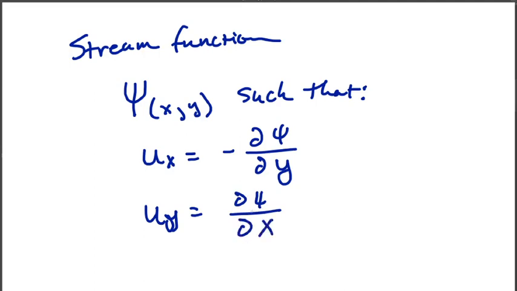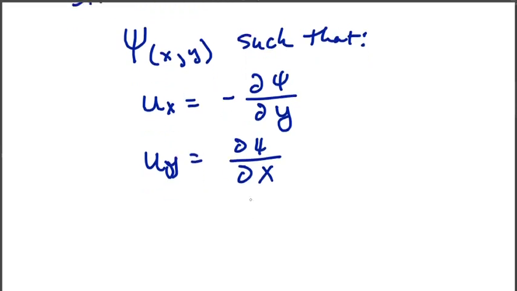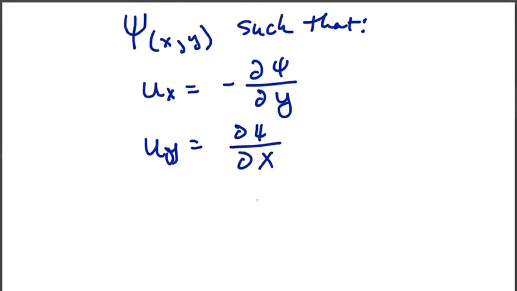And so more broadly, we can see that we have two different derivatives. The x bit goes in the y direction, and the y bit goes in the x direction.